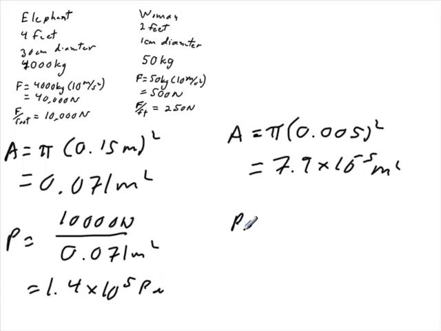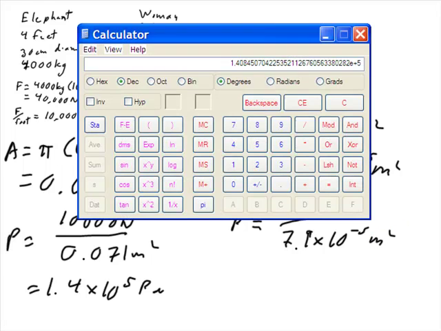Pressure under the woman's spike heel, oh, that should be less. It's only 500 newtons. Oh, but wait a second. I'm dividing by 7.9 times 10 to the negative 5 meters squared. Let's look at that. Okay, so I have 500 divided by 7.9 times 10 to the negative 5.